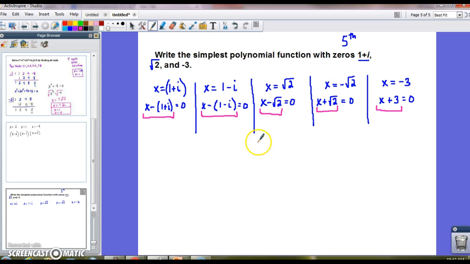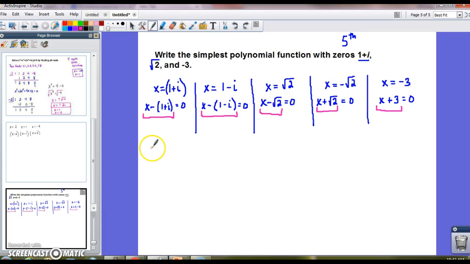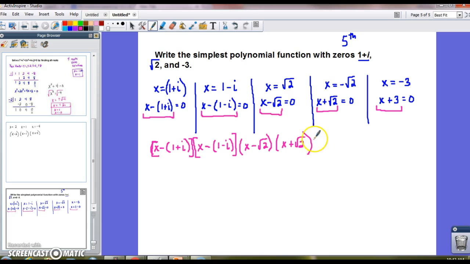And so if I wrote this out in factored form, just like I did here, I would end up with, I'm going to do a square bracket here, x minus 1 plus i, times x minus 1 minus i, times x minus square root 2, times x plus square root 2, times x plus 3.